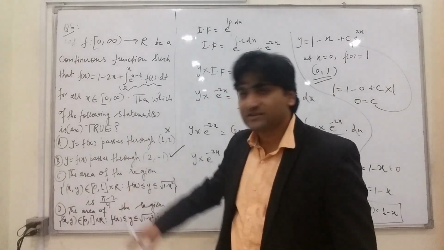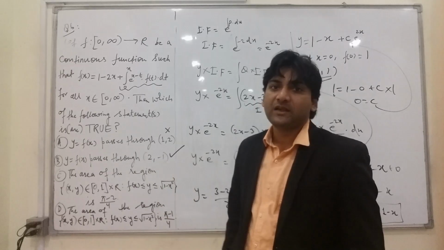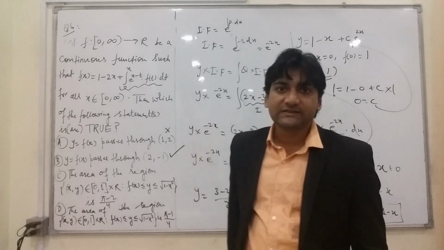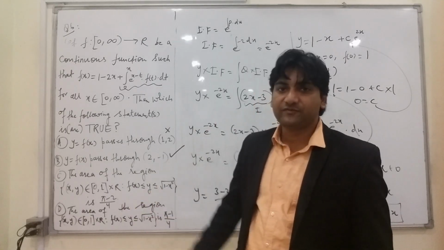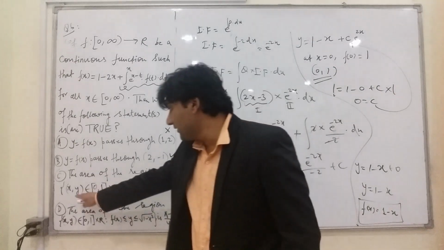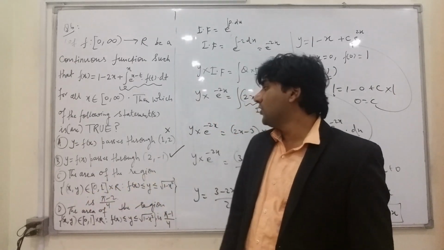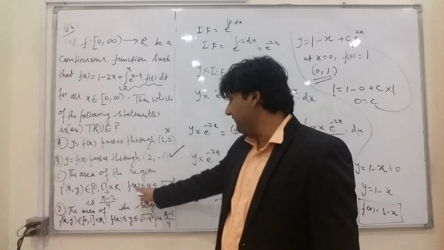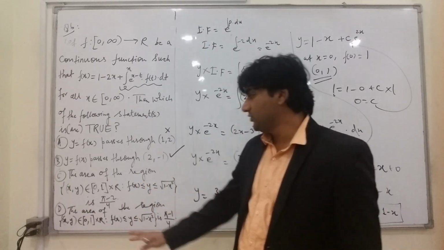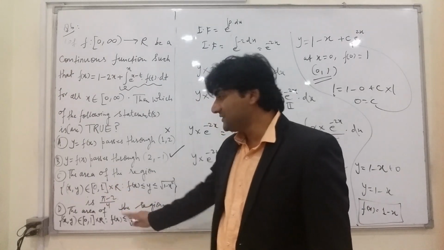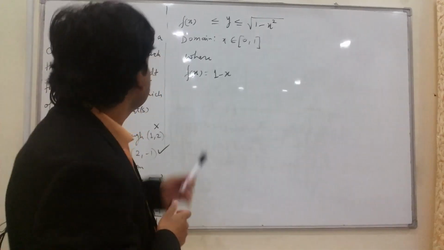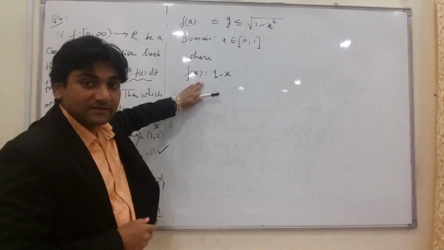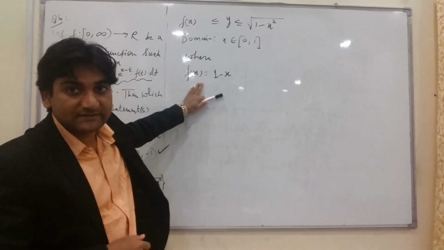This type of expression is also available in NCERT. If you have gone through your NCERT, then you must have seen this type of symbolic representation. So right here we need to find the area of the region bounded by f(x) and root 1 minus x square, where the domain is 0 comma 1. Both are the same options, but they found this f(x), which was 1 minus x.